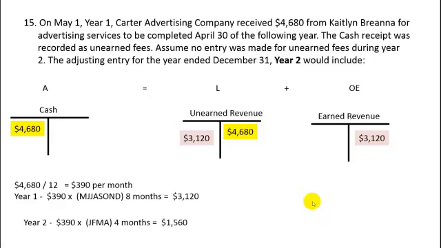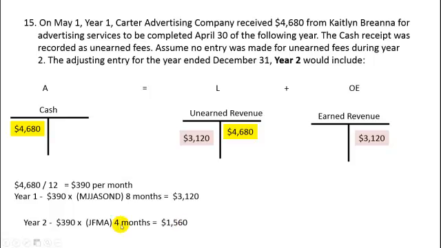We've only got 4 months left. That is, when we earned all of this over here at the end of December, we have January, February, March, and April. Because notice, these services were completed as of April 30th, which is the 4th month. So in year 2, we only earned 4 months times 390 or 1560.